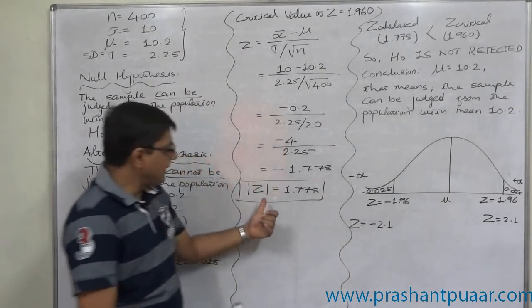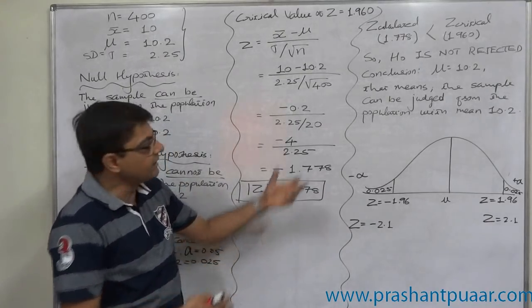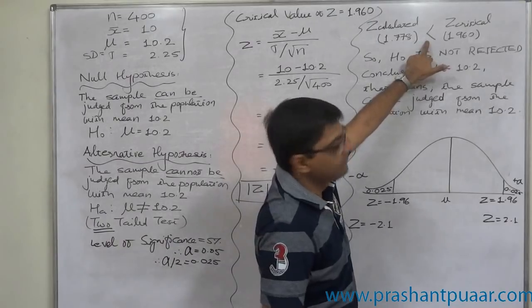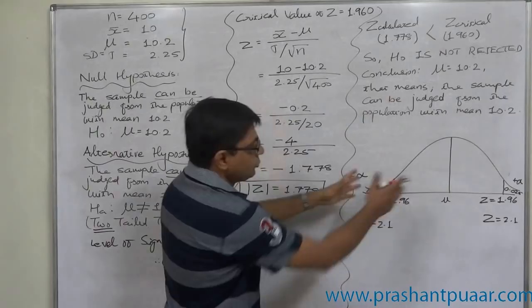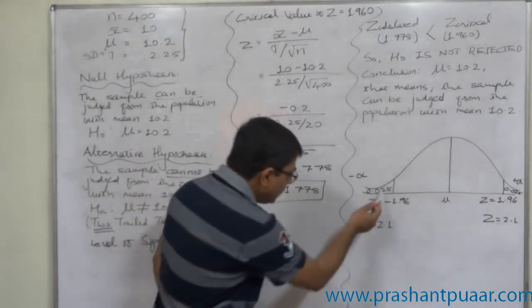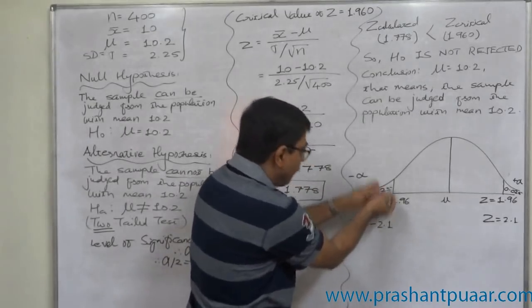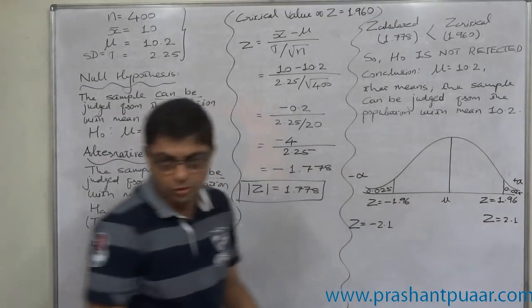That's why I dare to use the sign of modulus. It makes the comparison for you people very easy. Otherwise you have to draw this diagram every time, you have to plot the values, you have to see whether the negative value falls in the rejection region, the positive value falls in the rejection region, and so on.